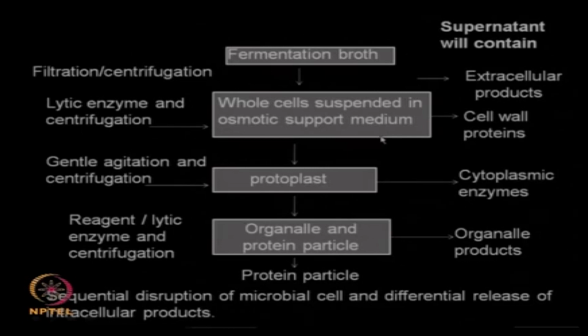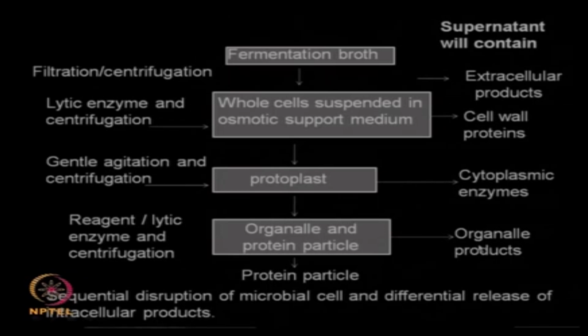So we talked quite a lot, and let me sum up the whole thing. You may have extracellular products, cell wall proteins, cytoplasmic enzymes, or organelle products. Each one comes in different situations: extracellular products are easily present and immediately collected, cell wall proteins need a little bit of cell breakage, but for cytoplasmic enzymes you need to break more.